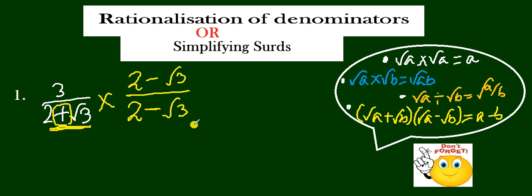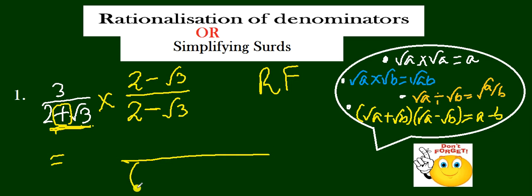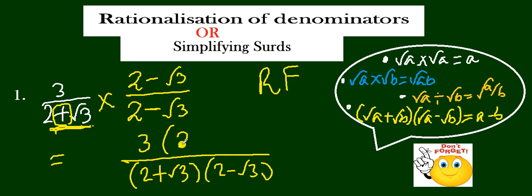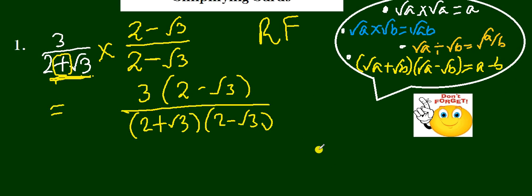Now this term 2 minus root 3 is called the rationalizing factor of the term 2 plus root 3. So now let us expand them. The denominator gives me 2 plus root 3 times 2 minus root 3, and in the numerator you will expand 3 with, multiply that.